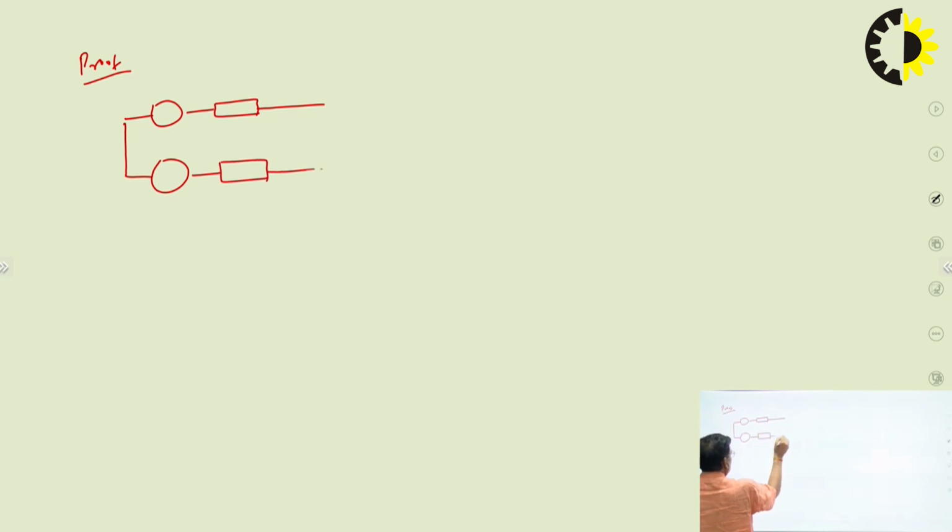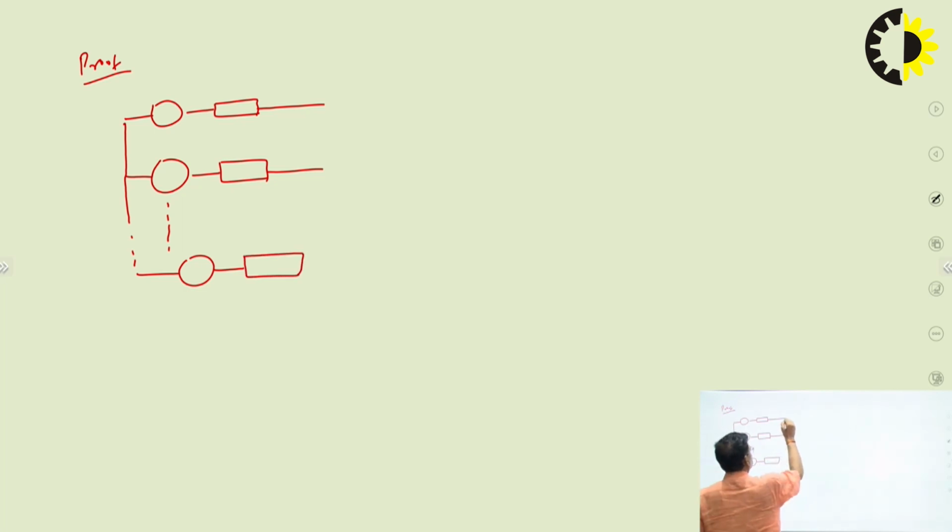Say this is your network with two terminals, say this is A and B.